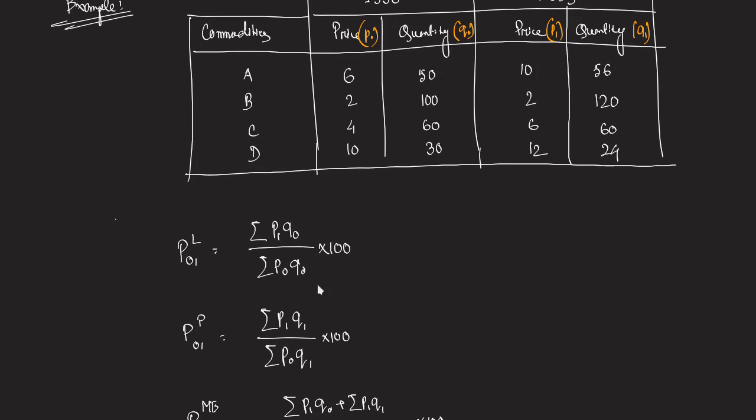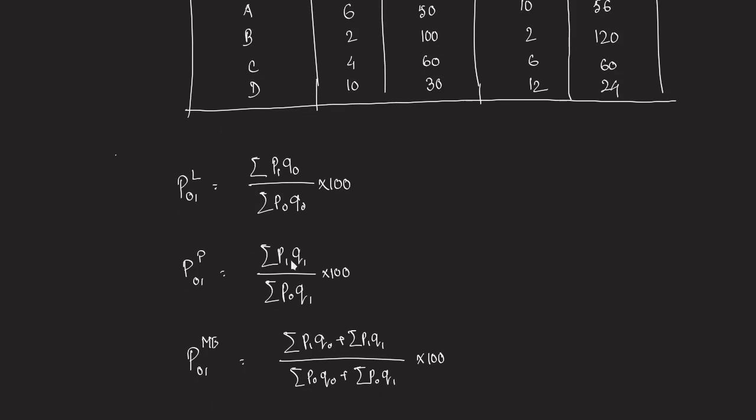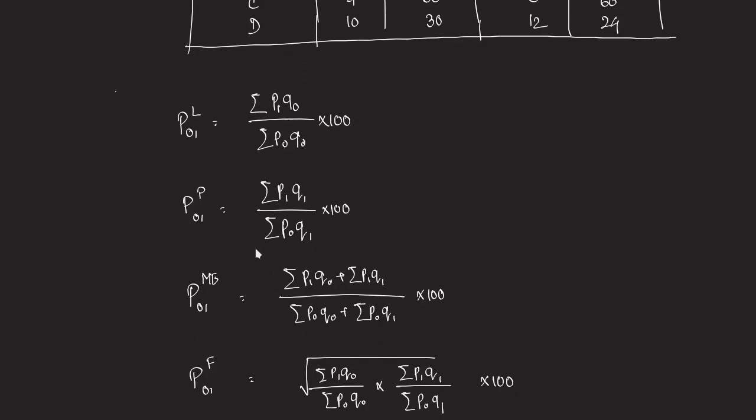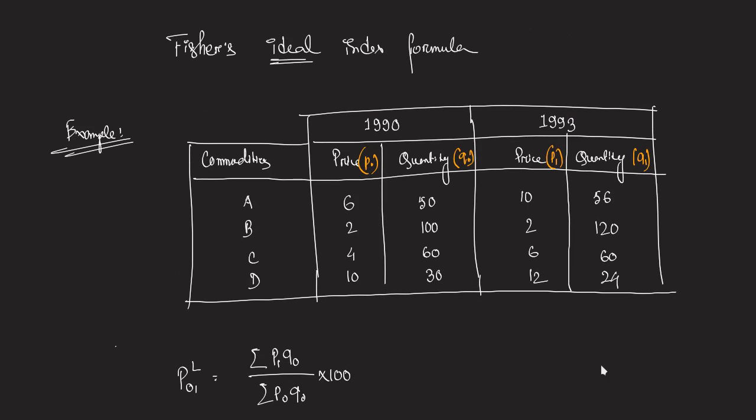So we will need P1 Q0, P1 Q1 and P0 Q1, so we have to calculate many columns. We will construct a new table.